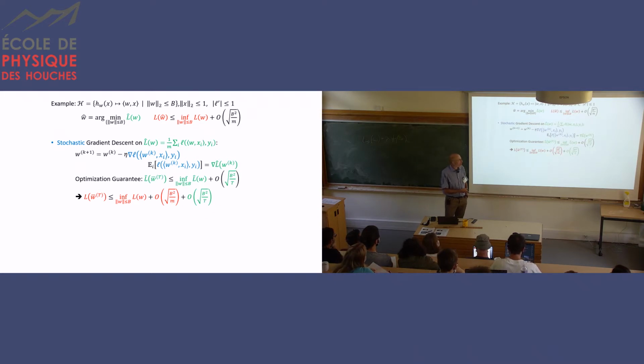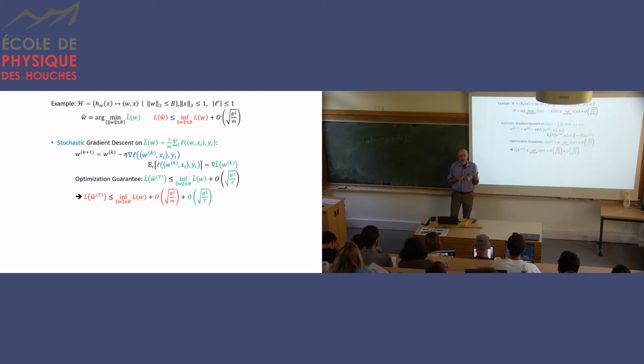So I need both m, the number of samples, to be roughly b squared over epsilon squared, and the number of iterations to also be roughly b squared over epsilon squared. Taking this view, we already see a connection between optimization and learning, that somehow the complexity of the optimization problem we're solving is strangely the same as the complexity of the learning problem.